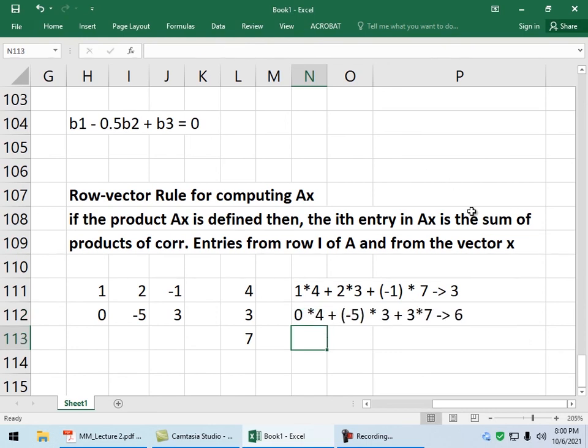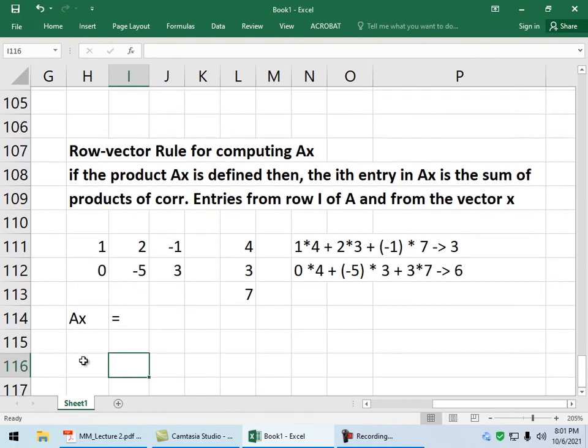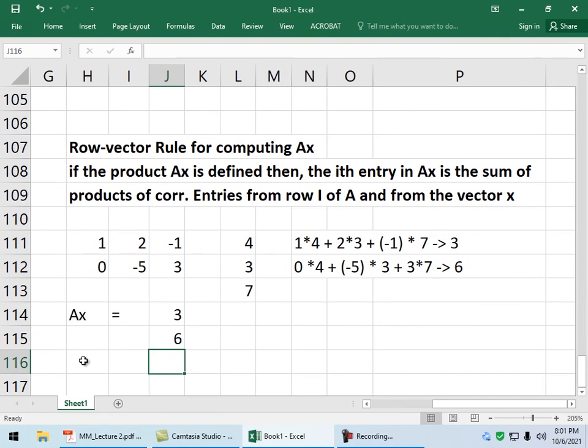And as a result, AX equals 3 and 6. The result of this multiplication will be just a column vector, with two values.